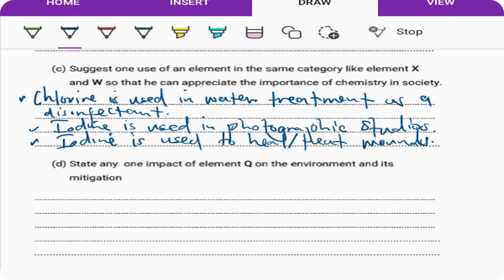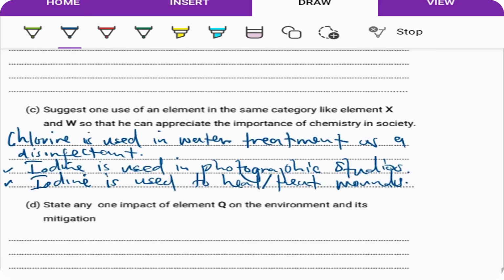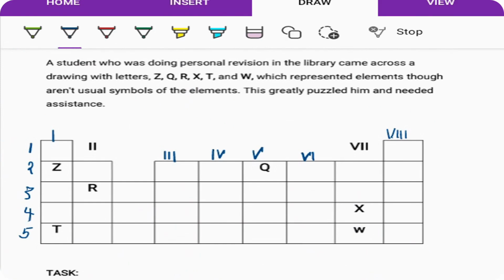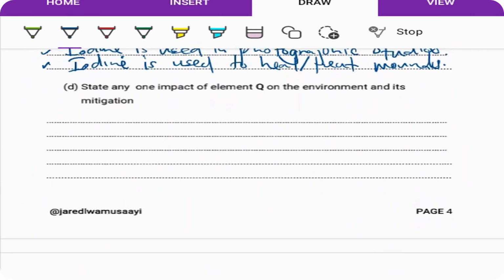So we now can go to part D, which is the last part of our item. State one impact of the element Q on the environment and its mitigation. So first, what is Q? Q is in group 5 of the periodic table, and Q is nitrogen. So what are the environmental effects of nitrogen?